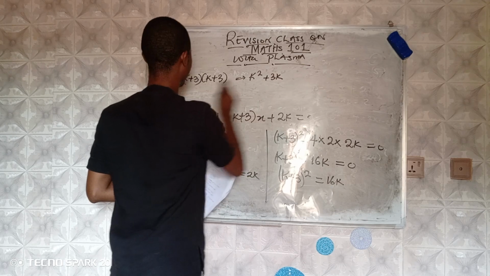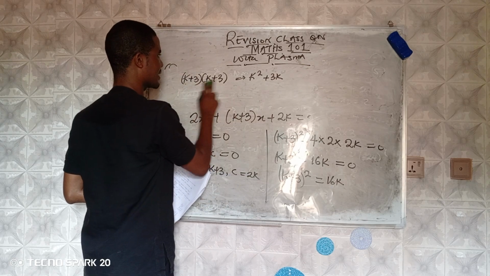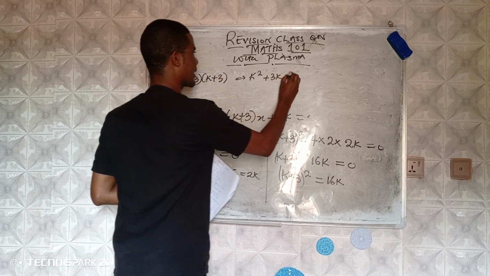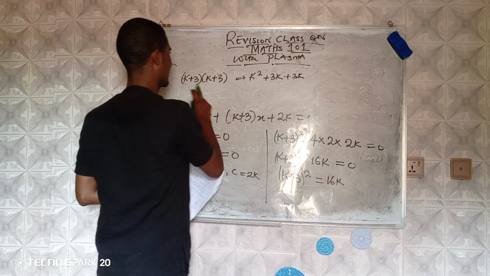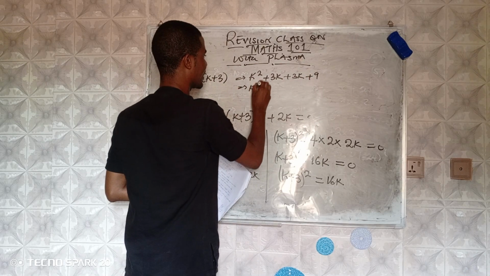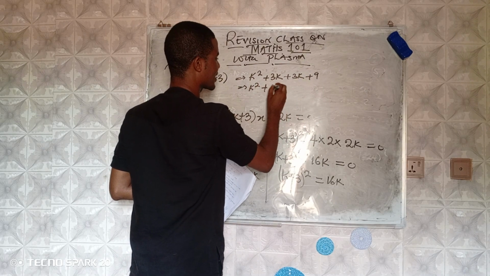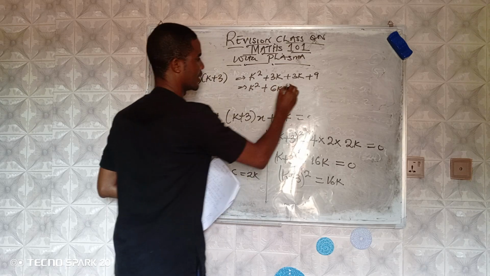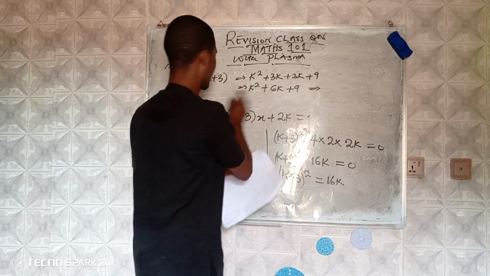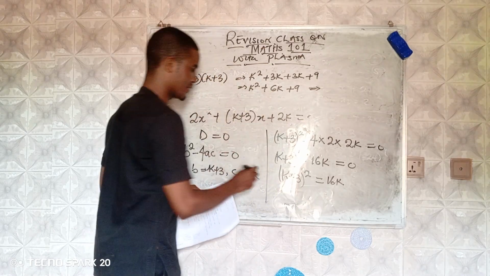This times this is k squared, this times this is 3k, plus 3k, plus 9, which gives k squared plus 6k plus 9.